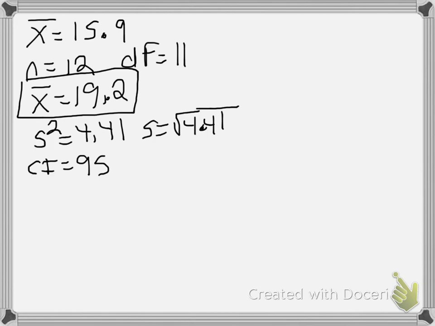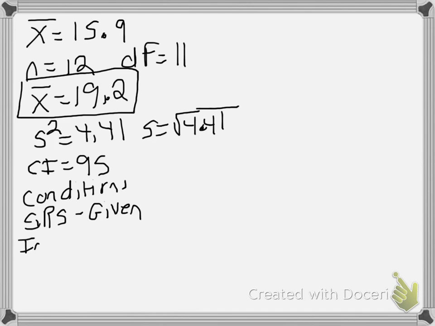All right, how do I start? Our conditions. SRS. What do you think? Given or assume? It says a random sample of 12 school districts. So if it says a random sample, guess what? That's given. Okay.